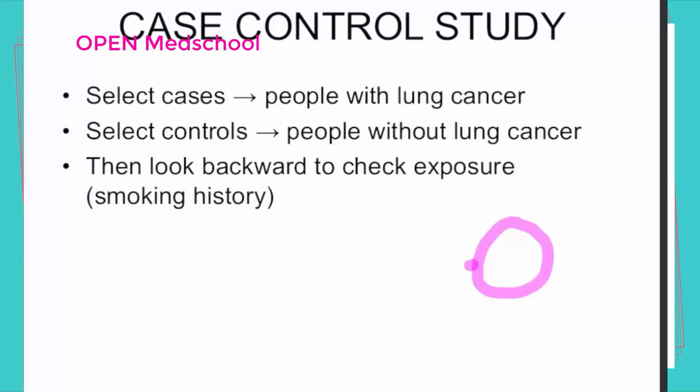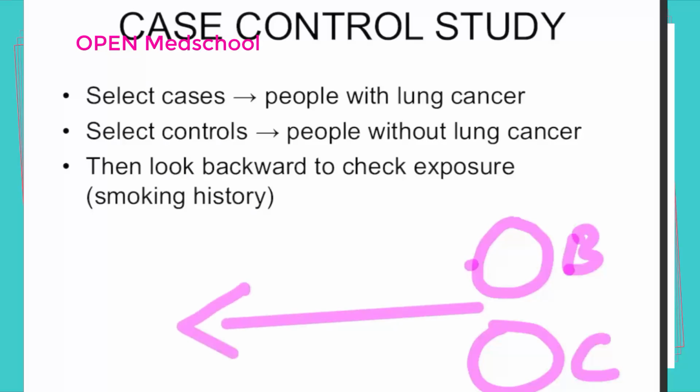Then you look back, and also there are controls, matched for age and sex. For example, somebody is going to study bronchogenic carcinoma in a case control study. The cases are the patients with bronchogenic carcinoma, and the controls are those without bronchogenic carcinoma. And then you look backwards and look at the exposure.